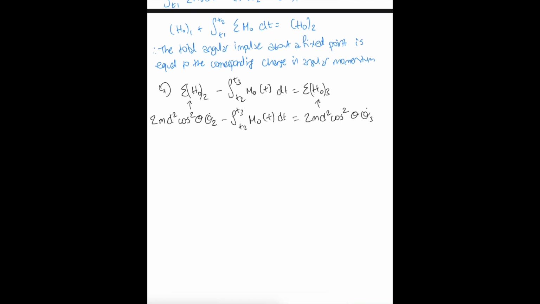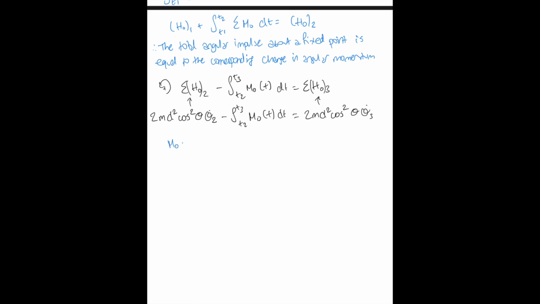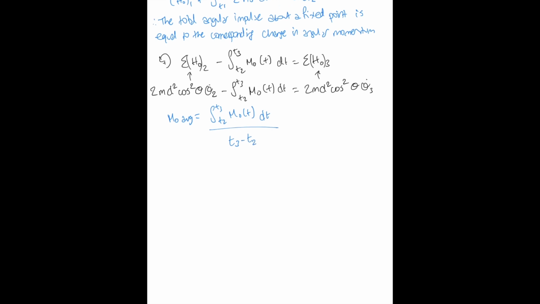And for the average moment, we're going to say that the average moment is going to be equal to the integral of our sum of moments over the time difference between time 3 and time 2.